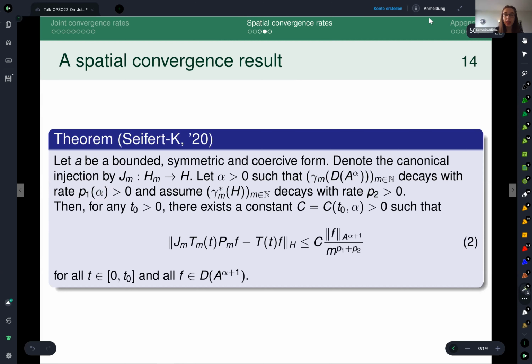And if these conditions are met, we actually obtain semigroup convergence in the strong operator topology of rate p1 plus p2, so the sum of these two decay rates, given that we have one order higher regularity, so that the initial value is in the domain of the alpha plus first fractional power.